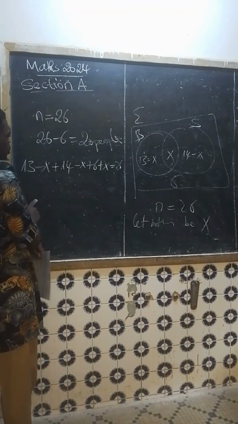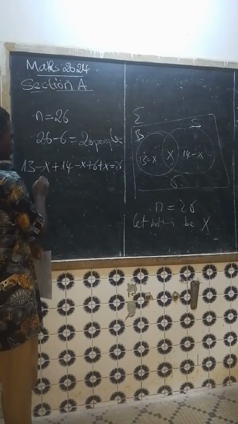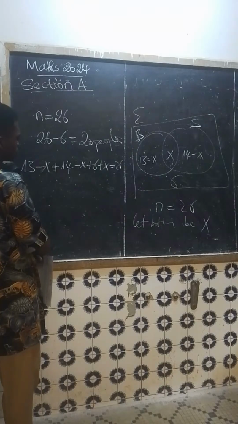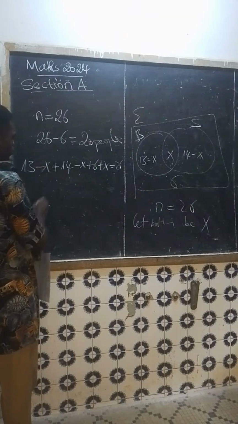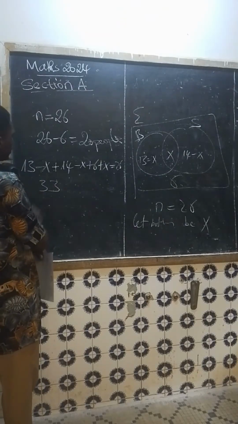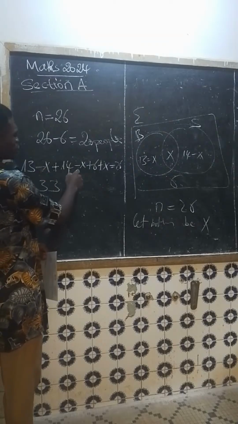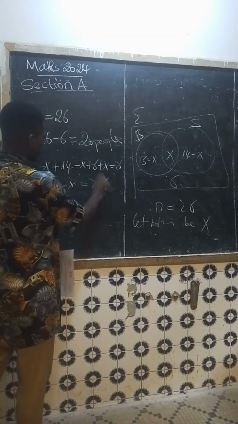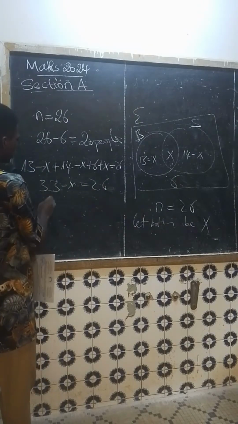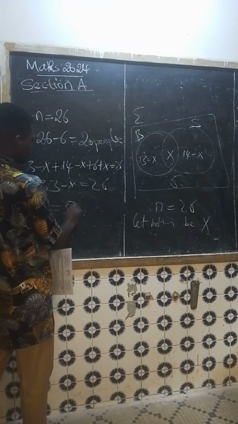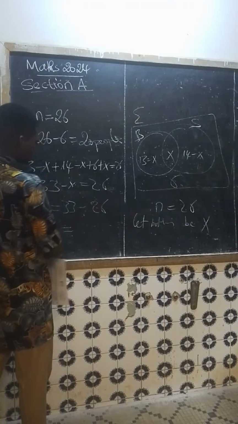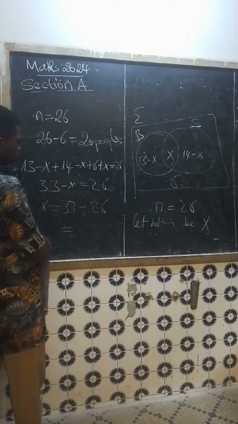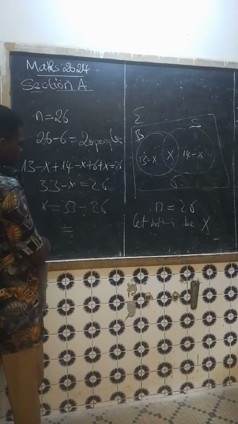The 13 plus 14 is what? 27. Okay. 27 plus 6, 33. Negative x, negative 2x, negative x. 26 now. So x is 33 minus 26. What does it give us? 7. Is it 7?